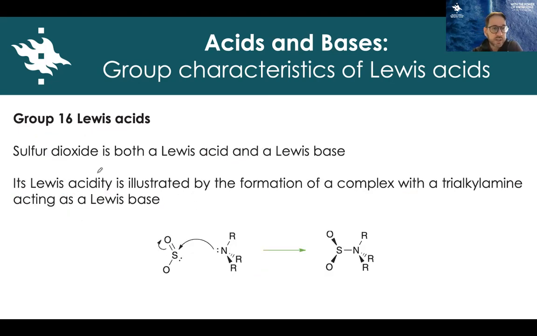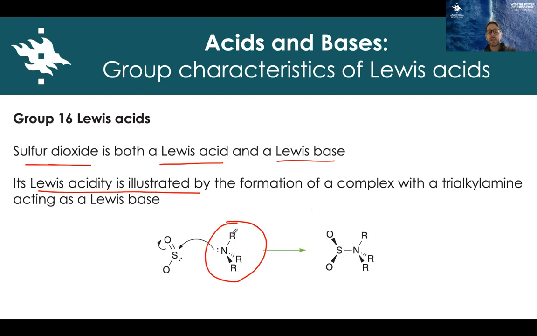For group 16, sulfur dioxide can act both as a Lewis acid and a Lewis base. Its Lewis acidity is illustrated by the formation of a complex with a trialkyl amine, which acts here as a Lewis base. So this is the kind of adduct that can be formed in this case.